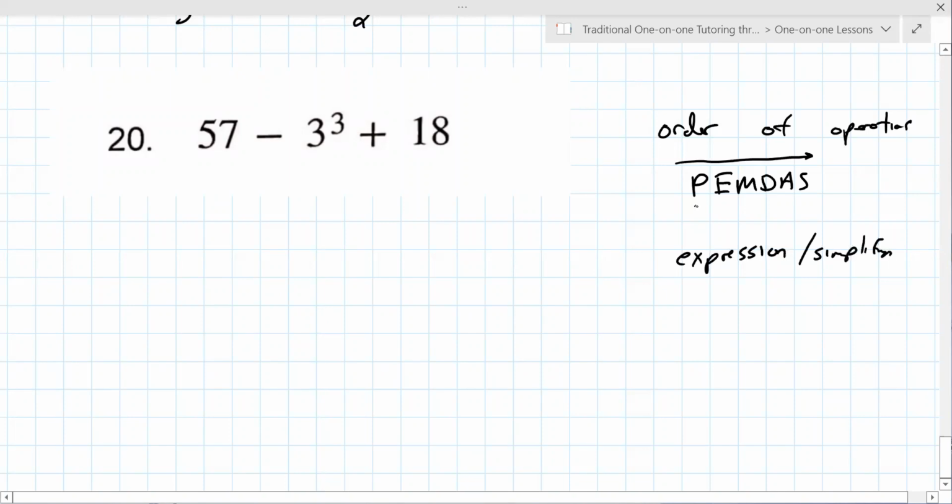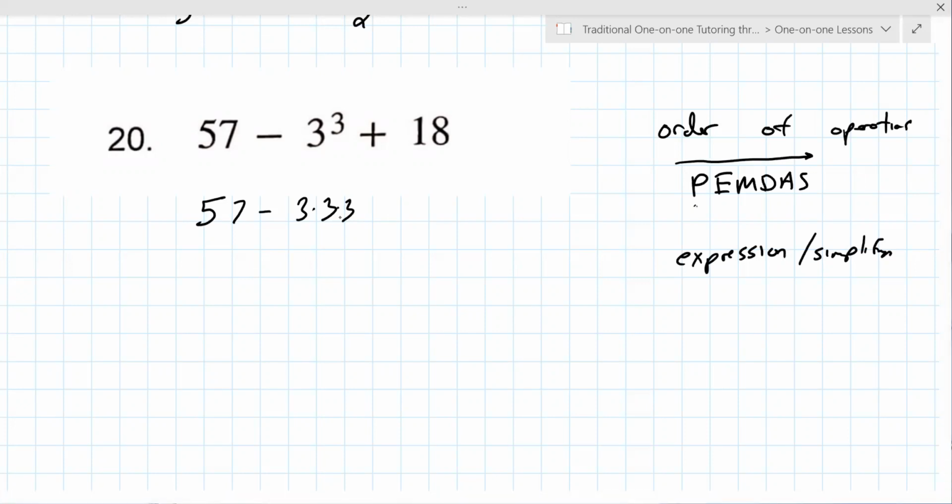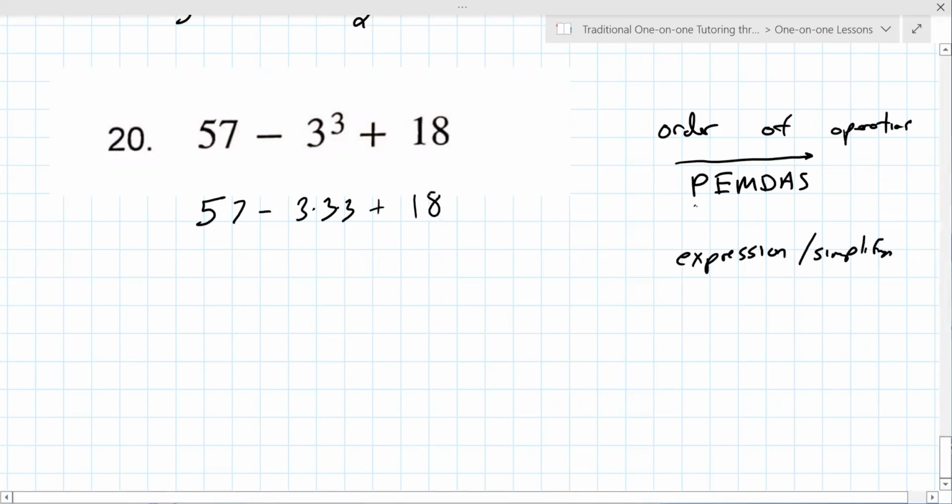Do you see any? 3 times 3 times 3. Good, that's what I heard. 3 times 3 times 3 is 27.